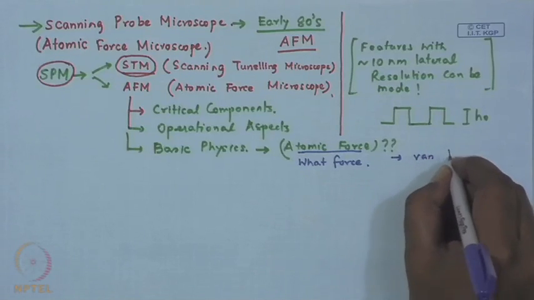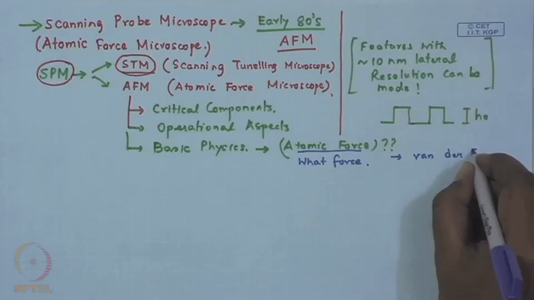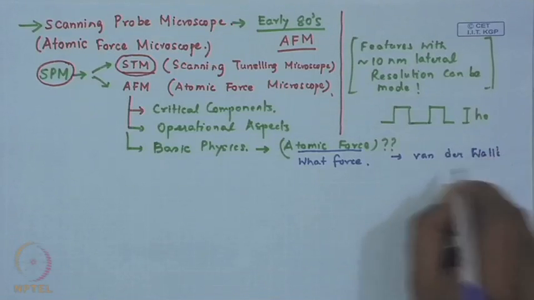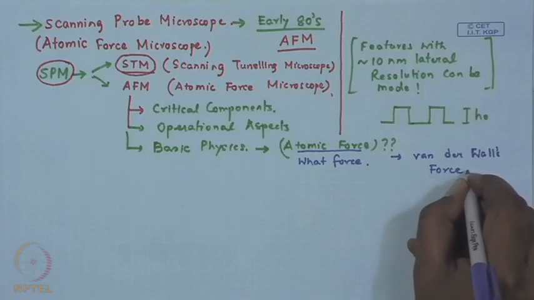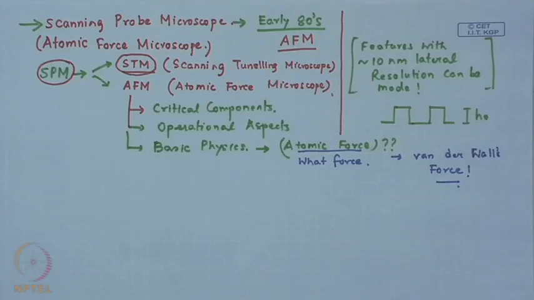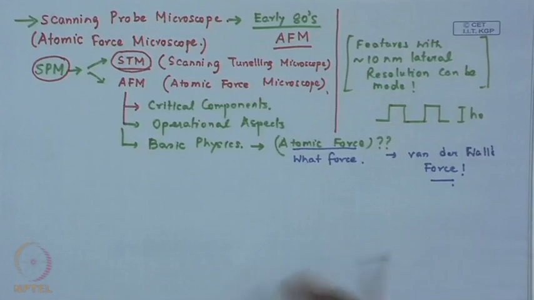You can guess it. Primarily, we will be talking about the van der Waals force. And we will see how this is used for imaging, as well as in subsequent lectures, maybe after 5-6 lectures, you will start realizing how these forces are responsible for spontaneous instability or different types of instability in thin films.